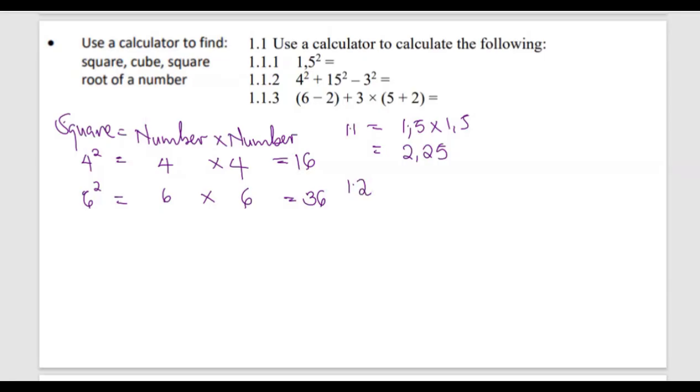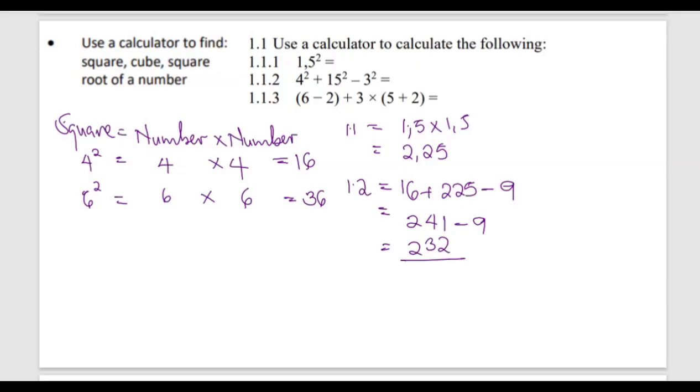We're going to find out. So this one here becomes 16 plus 225 minus 9. So add the 2. When you add the 2, you end up having 241 minus 9. Minus 9, and the answer became 232.